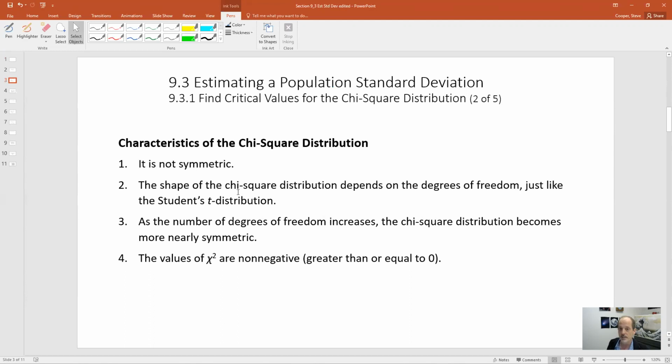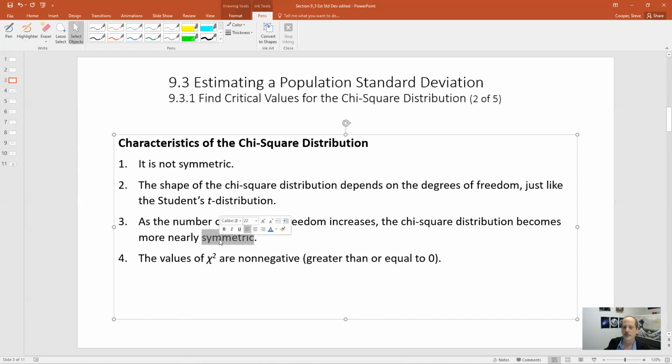And the larger the sample size, the shape becomes more and more like a normal curve, but it stays skewed right, and thus we can't use a margin of error. As the number of degrees of freedom increases, we do get nearer to the symmetry, but not quite.